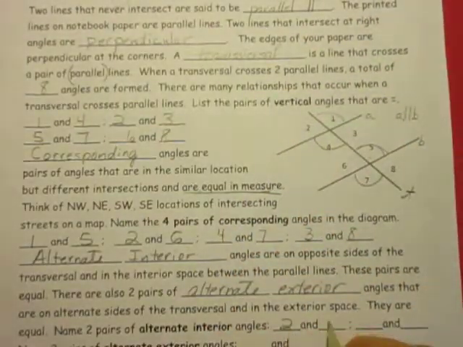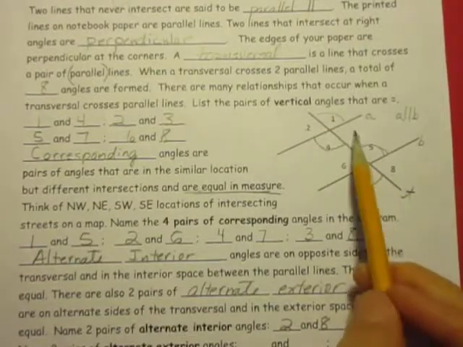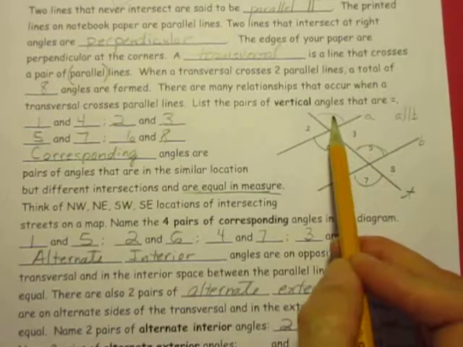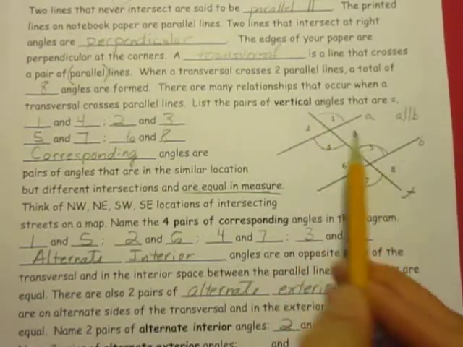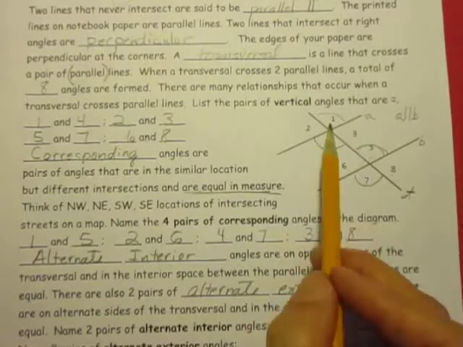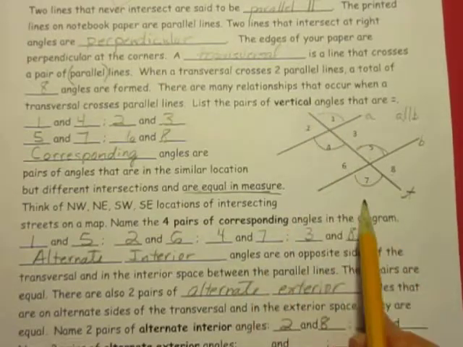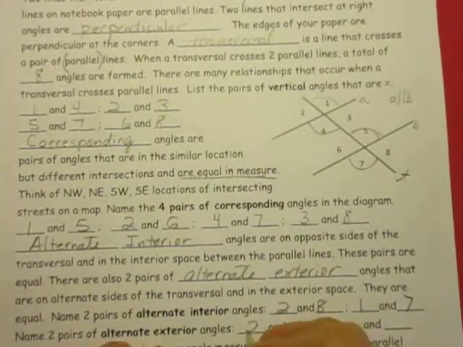So we've got 2 and 8. We also have 3 and 7. I'm sorry, we have 1 and 7. They are on alternate sides of the transversal and in the exterior space here. So 1 is on the outside, 7 is on the outside, so we have 1 and 7. I just did that backwards.